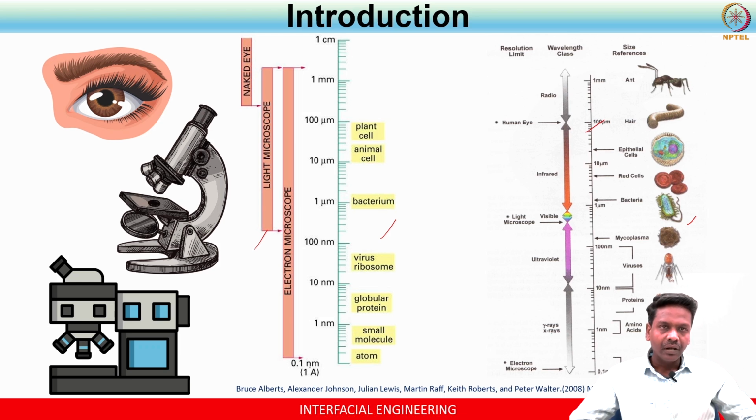Hair is in the size range of about 100 micrometer, more or less the same or slightly above. So it is easy for us to resolve; you can see up to 100 micrometer through your naked eye. We are able to see hairs. But beyond that, one has to resort to different technology.